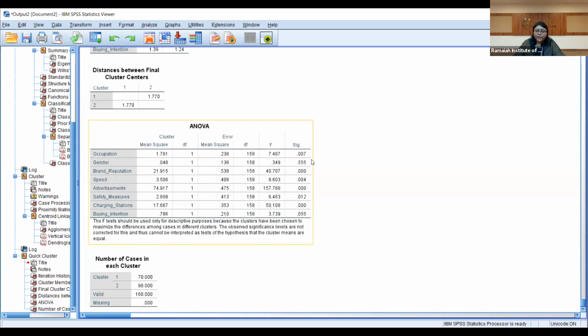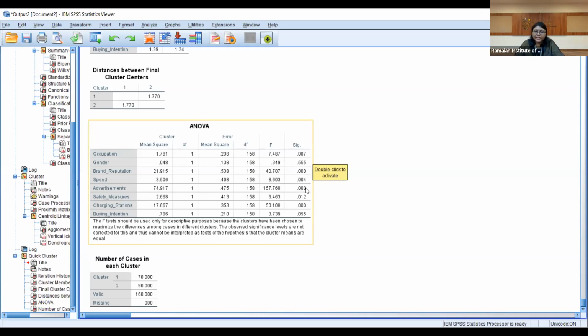Now we also get the ANOVA table. In this ANOVA table, we can see what is the relationship with this cluster. Here again, the highest F value we get is more significant, or that component has more implication on this clustering. In this case, if you check the significance level, you see there is 0.000 in 3 cases. One is with brand reputation, where the F value is also high.